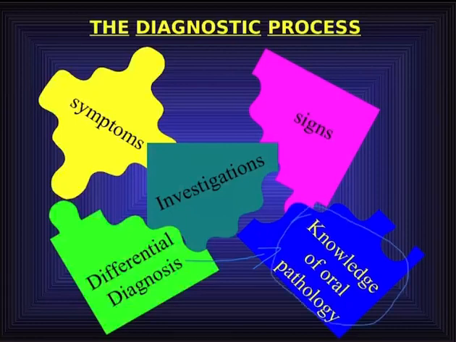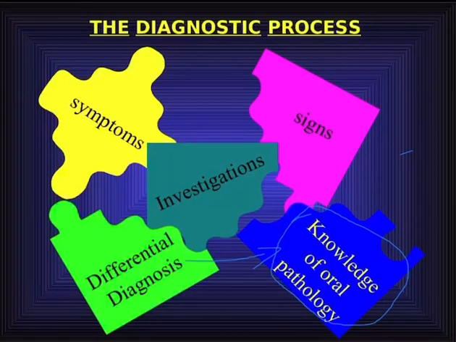If you don't have the knowledge of oral diseases, you will not be able to do the provisional diagnosis or the final diagnosis. That is the reason why we have simultaneous courses running together. We have diagnosis 1, you have oral pathology 1, and you also have radiology 1.